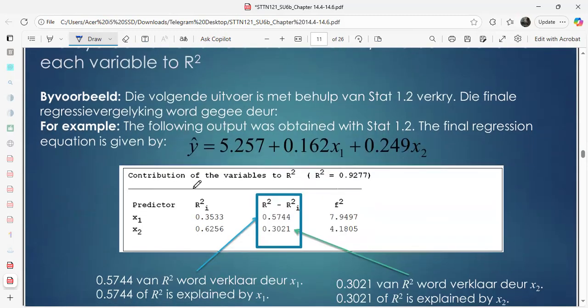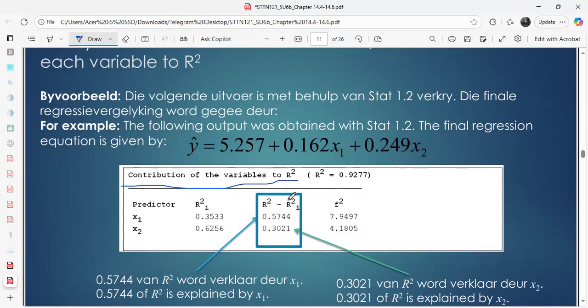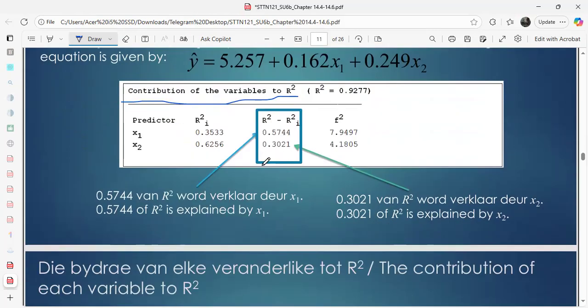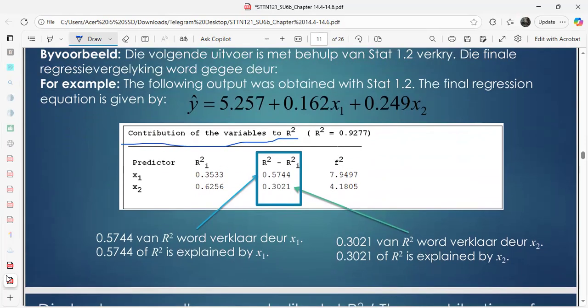I think we will be given the output. You see, when you check that output, you'll see the contribution of the variable here. If they ask which variable contributes the most, you just compare 0.5744 and 0.3021.